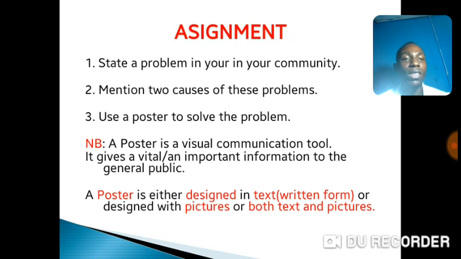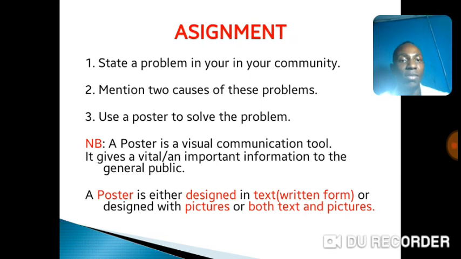Good. Now let's take note of this. A poster is a visual communication tool. It gives vital or important information to the general public. Now let's look at the characteristics of a poster, or how a poster is supposed to look.